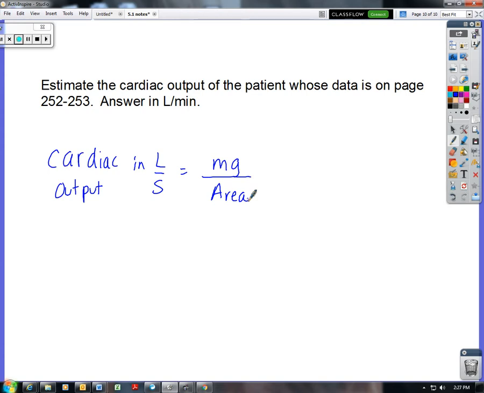The number of milligrams is given: it was 5.6 milligrams of dye that was given. So we have 5.6 milligrams, and the area we're going to get from the graph.